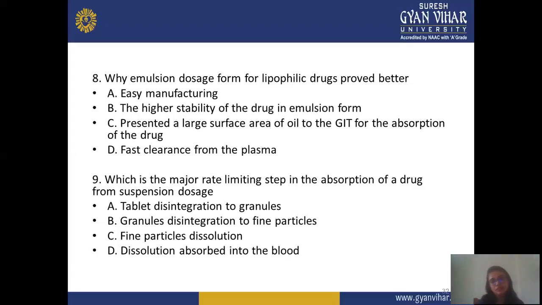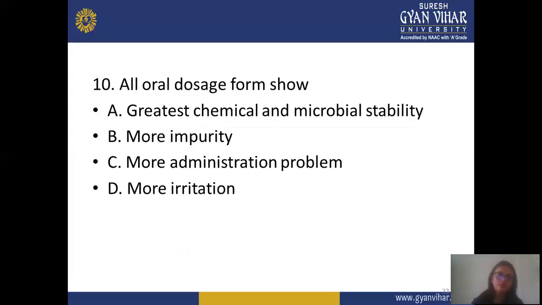Then fine particles go into dissolution, and the dissolved drug goes for absorption into the blood. So out of this ABCD, select the correct option for absorption of the drug from suspension form. Maybe it is converted into fine particles, or from granules into smaller particles, or it is easily available for dissolution and then absorption. Select any one correct option for this ninth question.